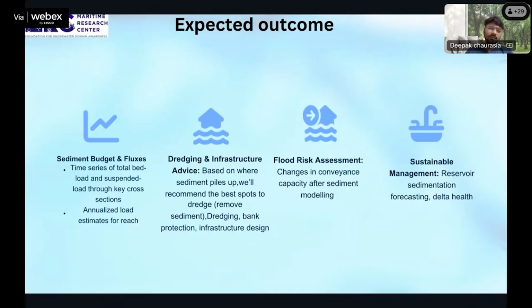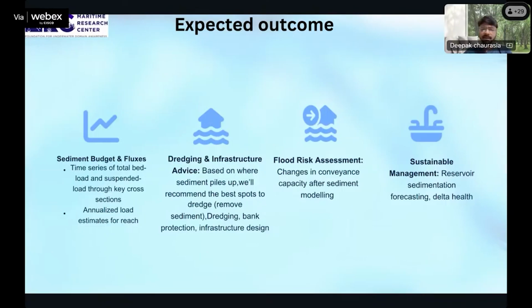If we have sediment data, then we can advise the government or optimize the dredging on the basis of where the sediment load is more and where the sediment deposition is more. Then we can optimize our dredging for the health of our infrastructure and flood risk management, and even for marine life protection, bank protection, and preventing erosion of the river.